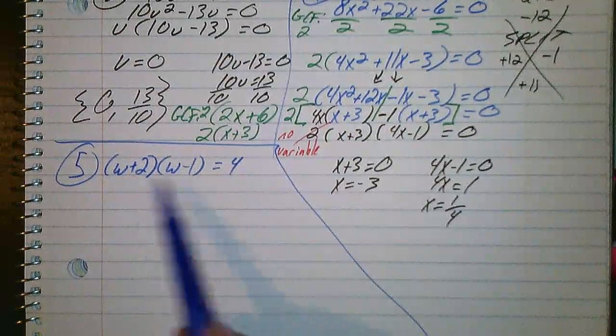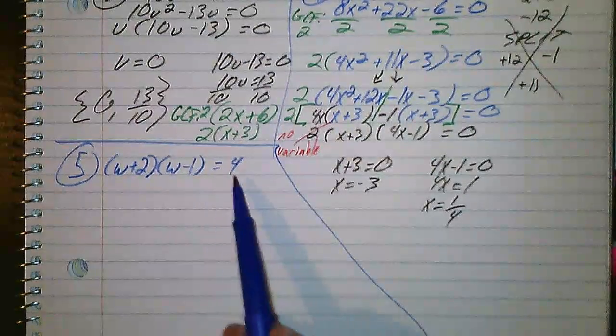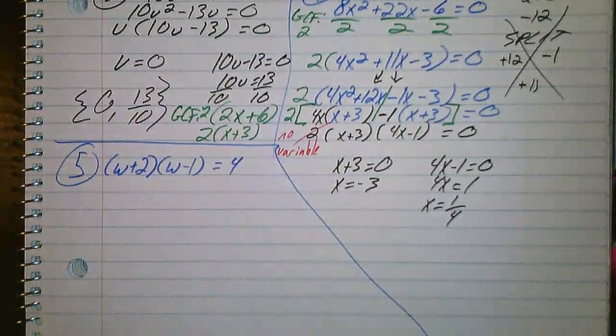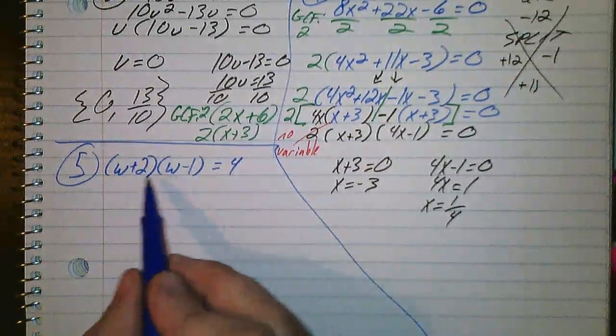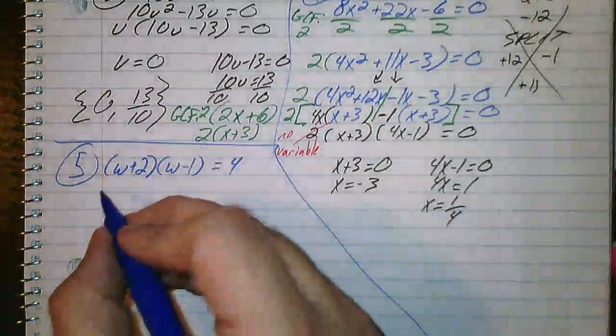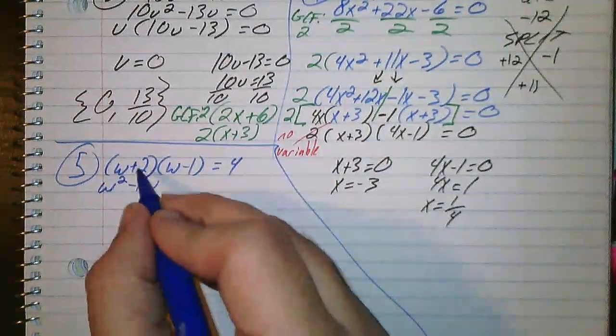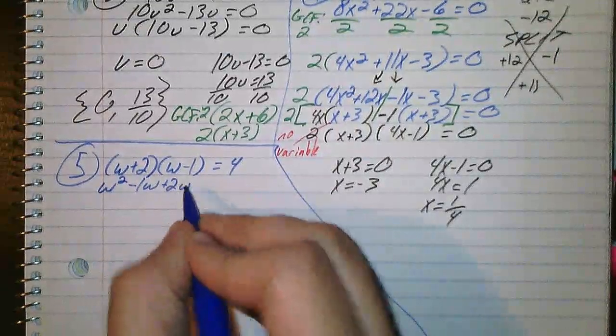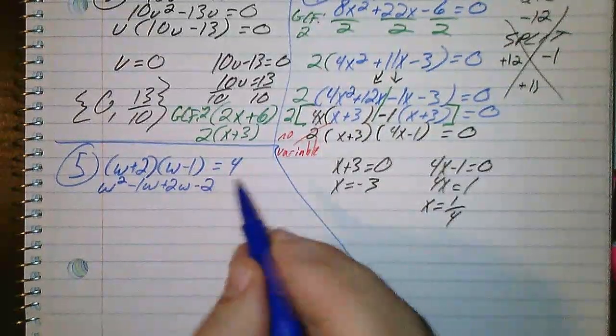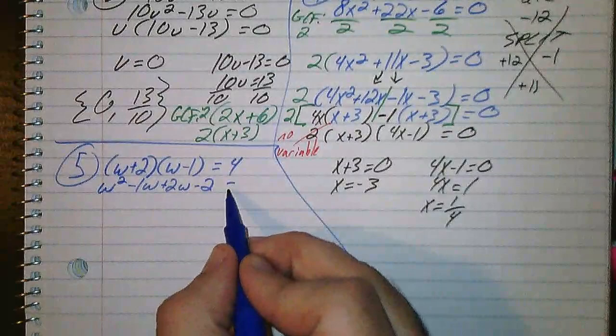So we have to be set equal to 0 to solve a quadratic, but we also have two binomials on the left side. So we actually have to FOIL this. And then we're set equal to 4.